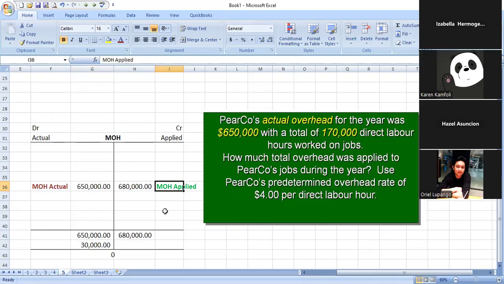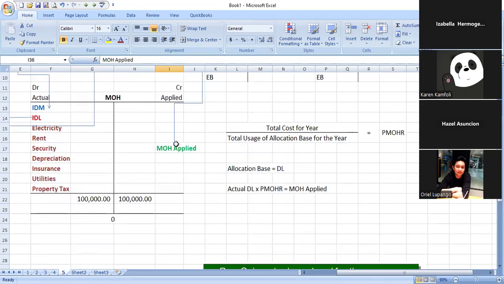How do we know that we have to multiply 170,000 by $4 an hour? Because that's how we're applying it. How are we applying the overhead? We're applying the actual direct labor hours times the predetermined overhead rate. That's going to give you the manufacturing overhead applied.